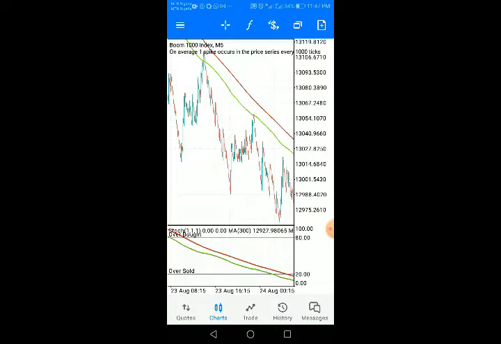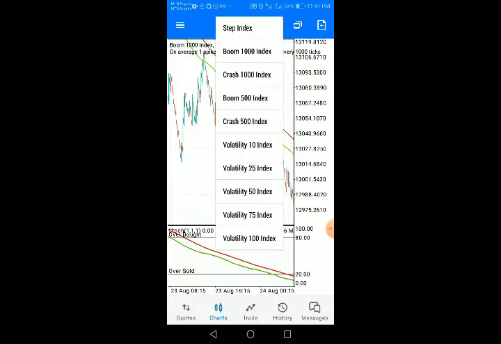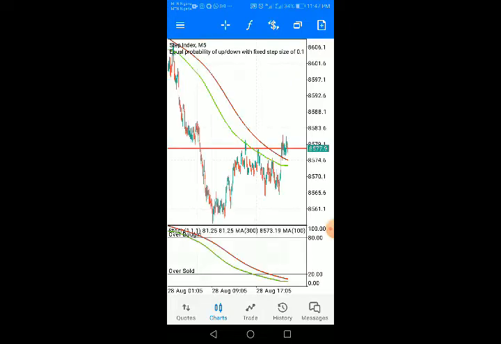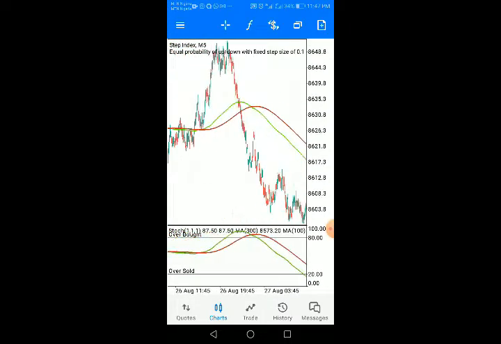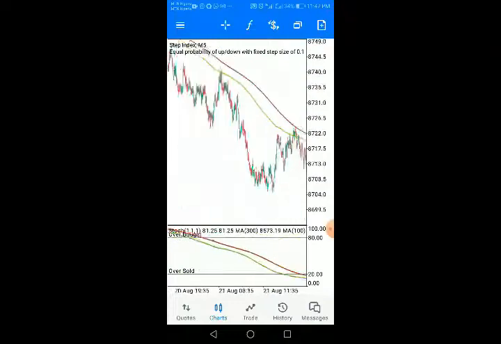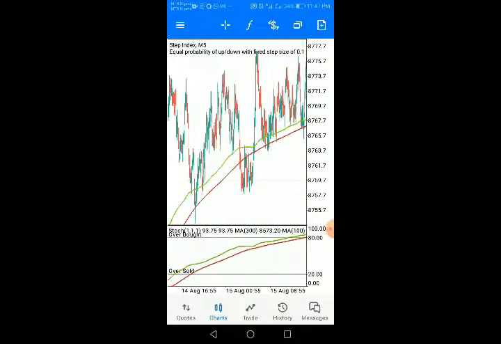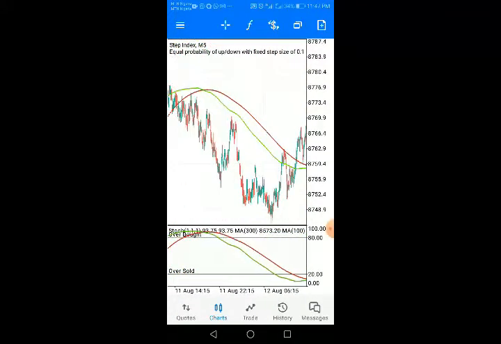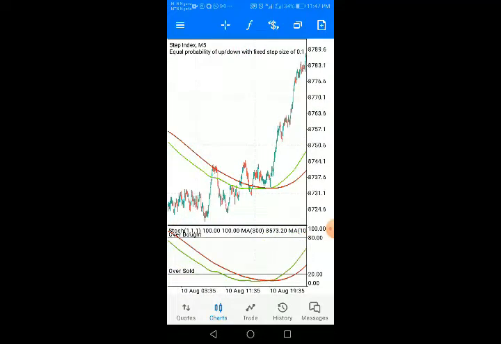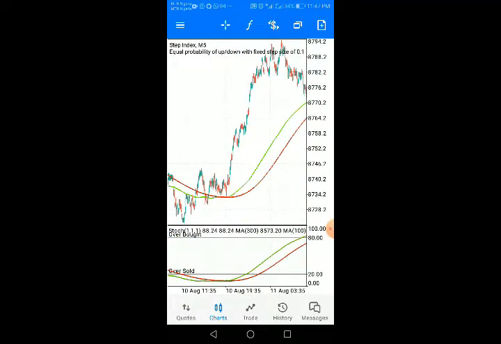And this strategy also works on other pairs, on all pairs, on all indices. In fact, it seems to be even more accurate, more perfect on all these other pairs which are not boom and crash.